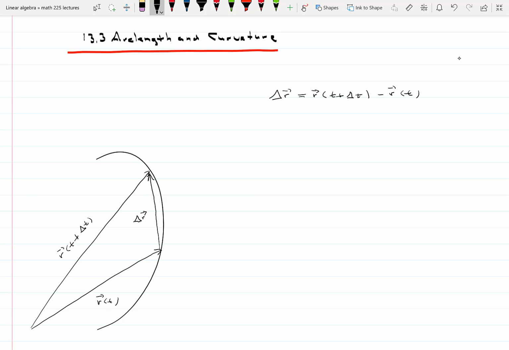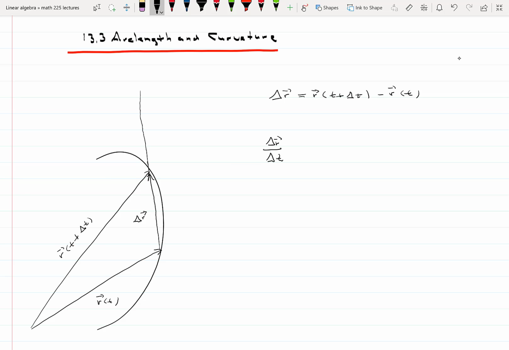So what we did is we took delta r and multiplied it by the reciprocal of the small change in time. Since the small change in time is a small number, multiplying by the reciprocal is multiplying by something more than 1, and that tends to stretch the vector's length out.